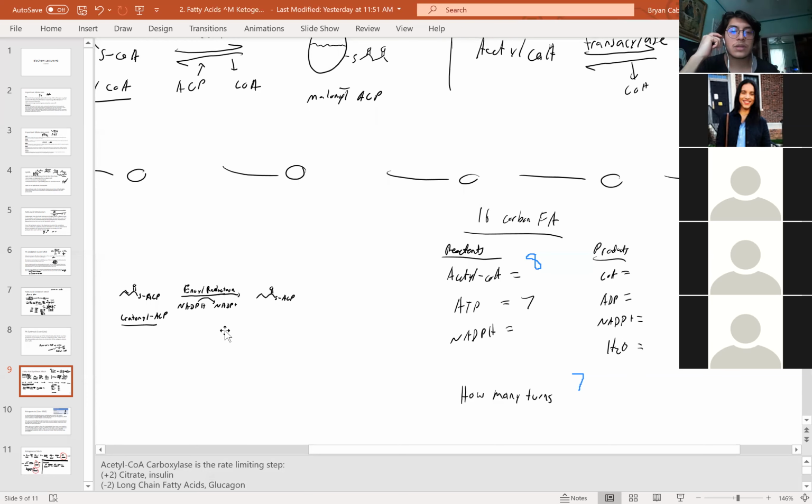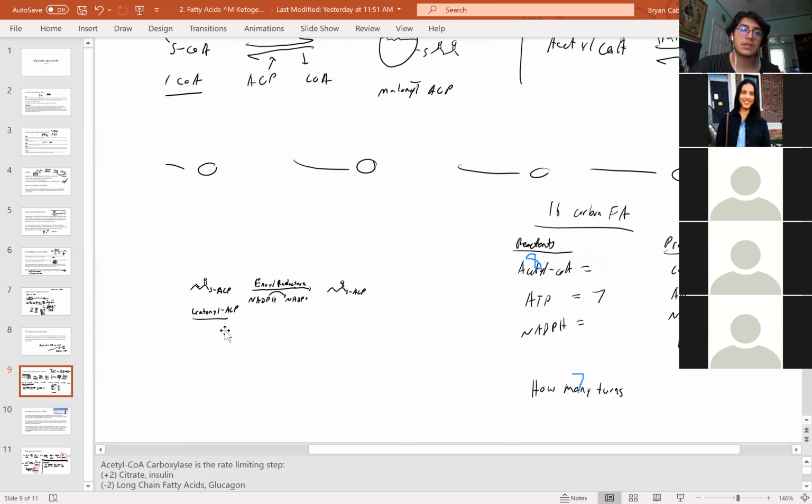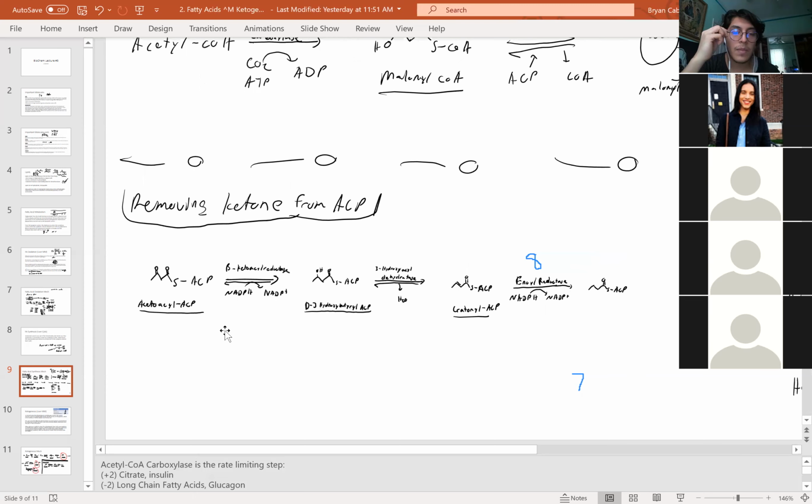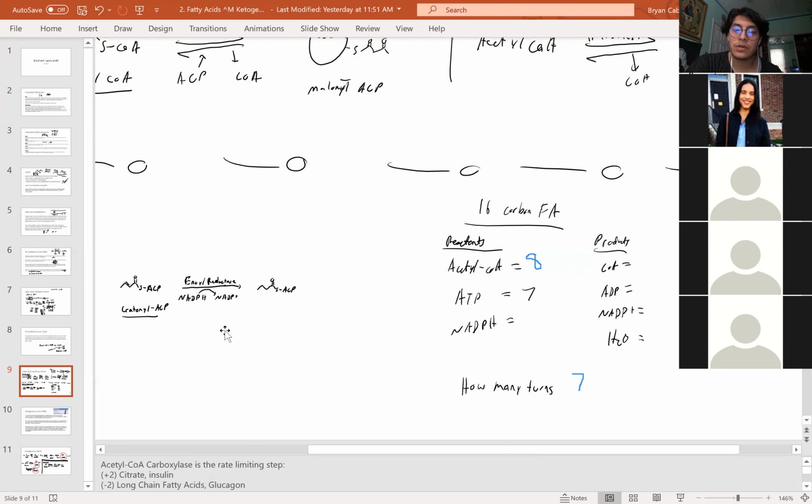For NADPH, since you're reducing twice in this process, when using beta keto acyl reductase and also enoyl reductase, you need double the amount of turns, so 14 NADPHs. For CoAs, it's the same number as acetyl CoA, so 8.